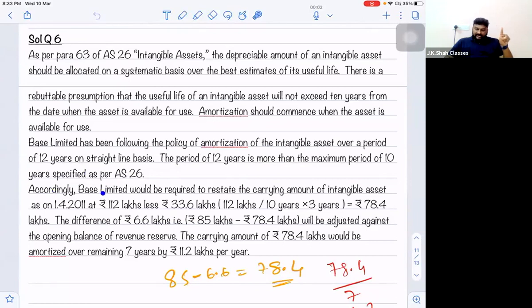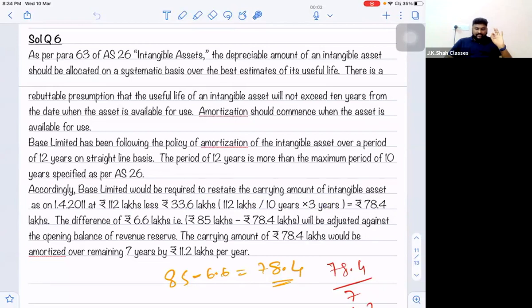Accordingly, BS Limited would be required to restate the carrying amount of the intangible asset as on 1st April 2011. That is nothing but the opening balance has to be restated at 112 lakhs less 33.6, because 33.6 should be the actual amortization. I've shown in the bracket 112 divided by 10, you get 11.2 per annum into 3 years.